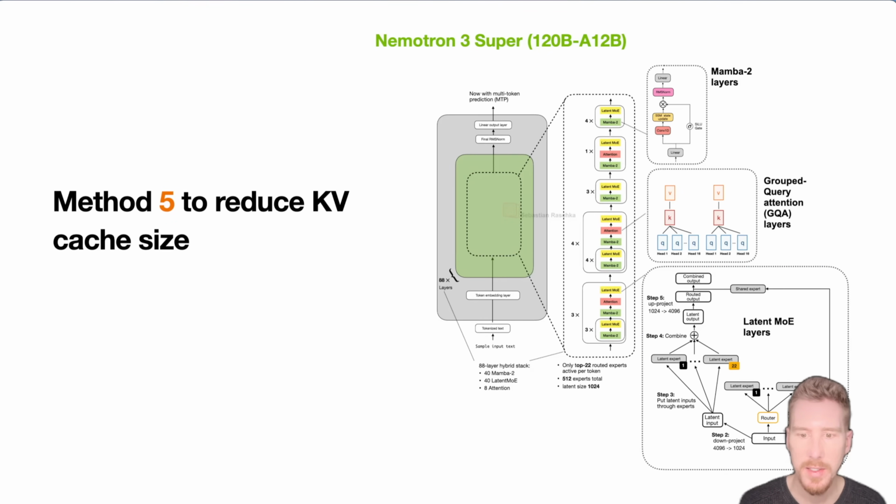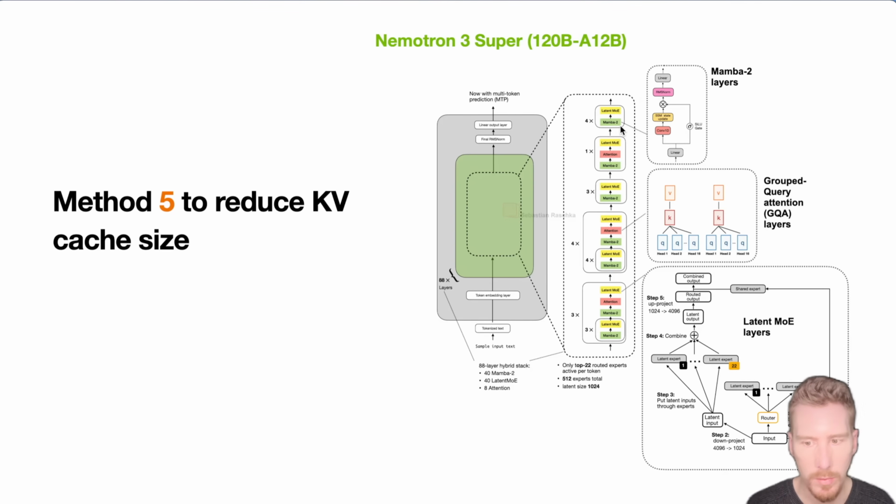Beyond just modified attention mechanisms, some architectures even completely replace attention in some layers. For example, there's Nemotron 3 Super or the other Nemotron 3 models. They replace some of the attention layers with Mamba 2 layers, which are kind of like a linear cost replacement for attention. They still, in the attention layers, use group query attention, but they replace some of them.